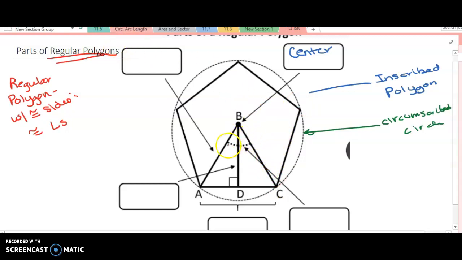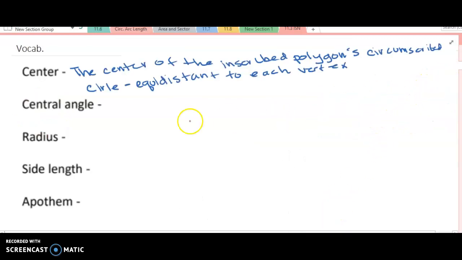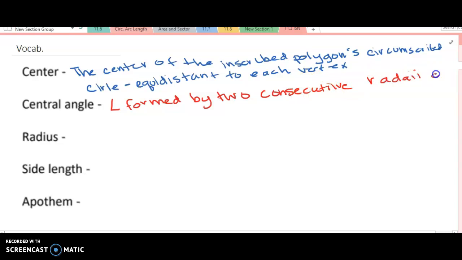This entire thing right here is called a central angle. It's just the angle formed by two consecutive radii of an inscribed polygon. If you don't know what consecutive means, it's side by side.